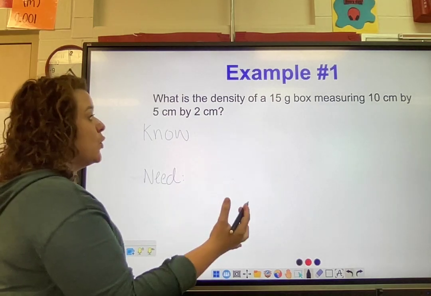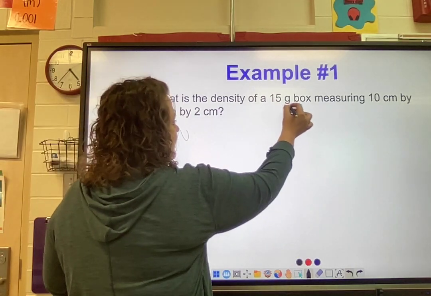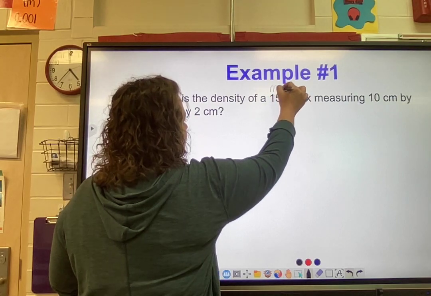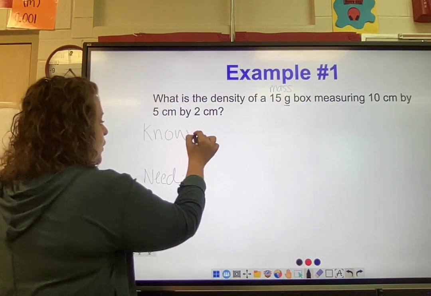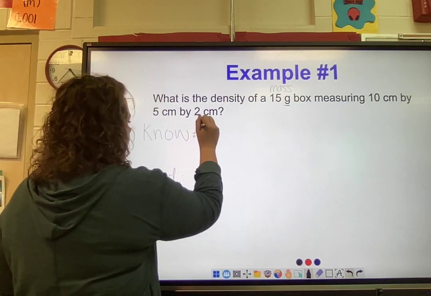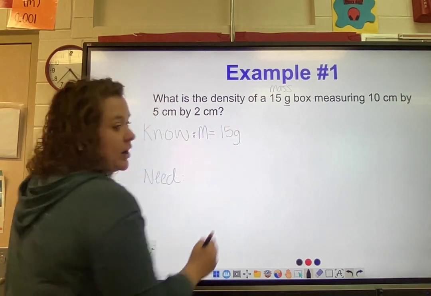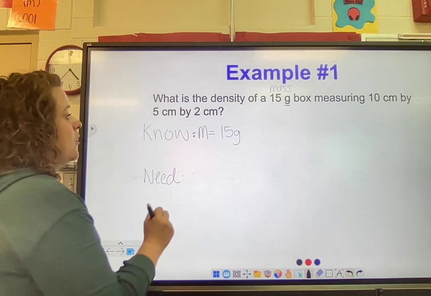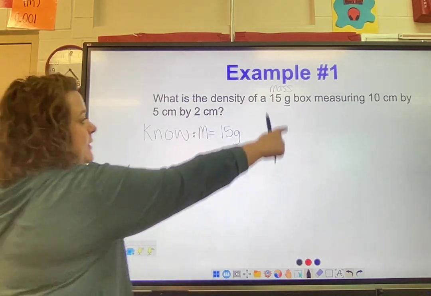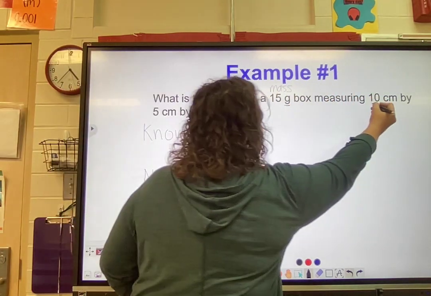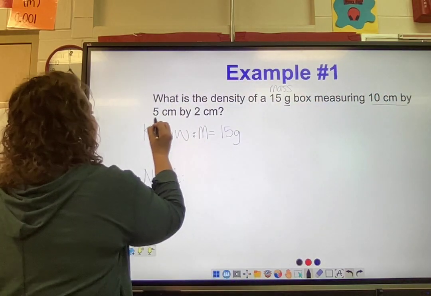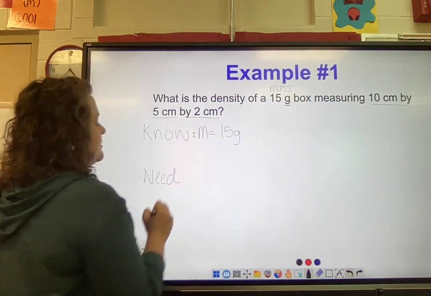I know that g is mass, so I know that M equals 15 grams.